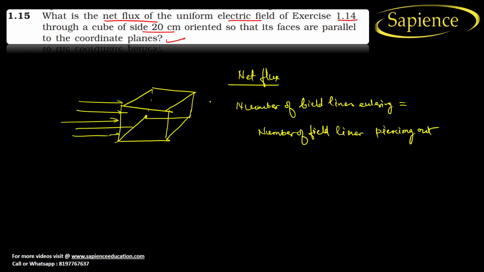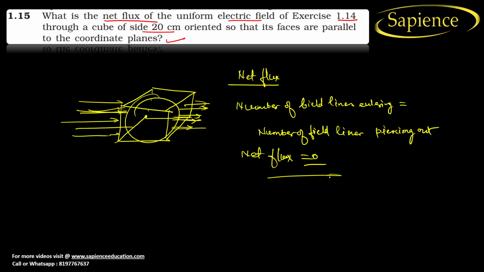Piercing out means the same number will be coming out. So basically what happened is the net flux will become zero, because whatever amount of electric field is coming in will go out. So it means that the net flux inside this will become zero. I hope you have understood this one.